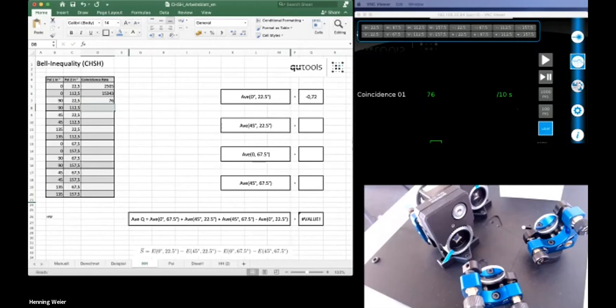And now we go to V and 112.5, and let it count again. 177. Now we're going to go 45 degrees. This is denoted here as plus, and 22.5 degrees. So that's that one. Let it count. 165.